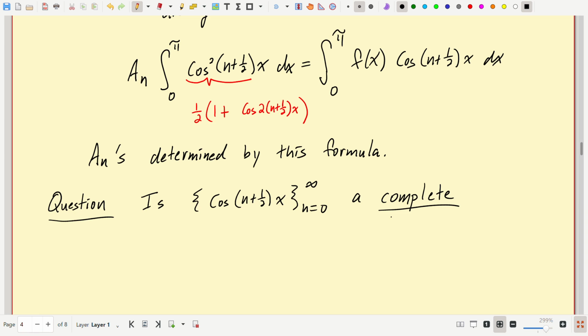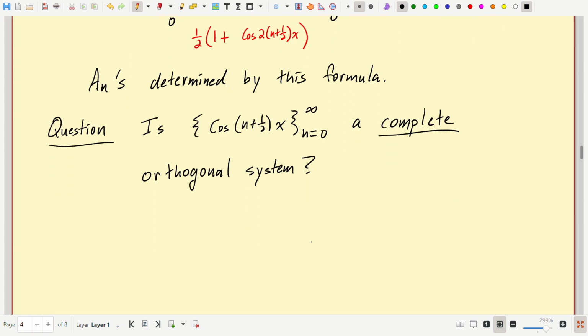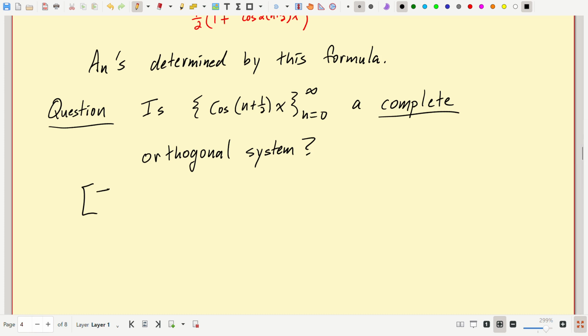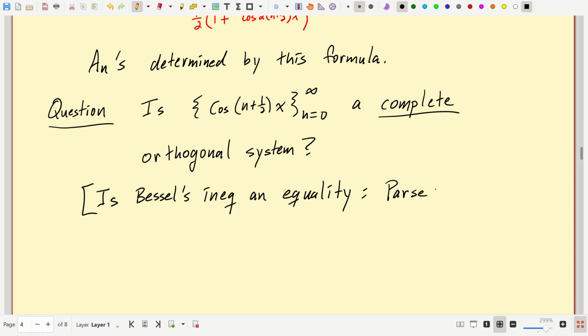A complete orthogonal system. The basic question is, is Bessel's inequality an equality? And when it's an equality, it's called Parseval's identity. That turns out to be equivalent to any concept of completeness.